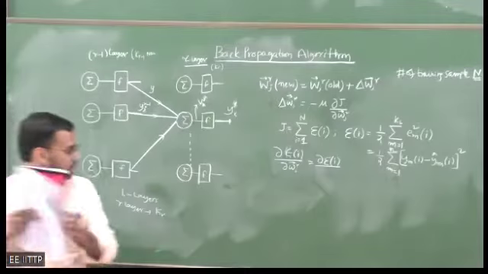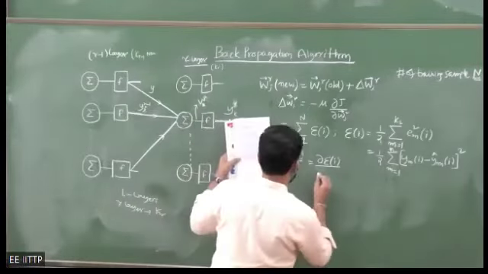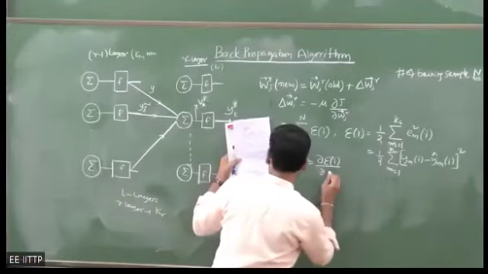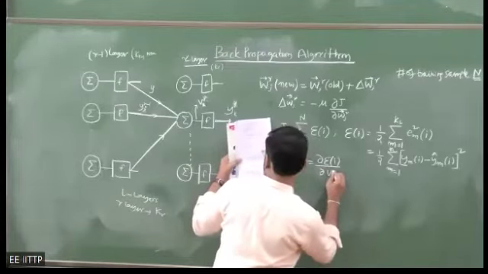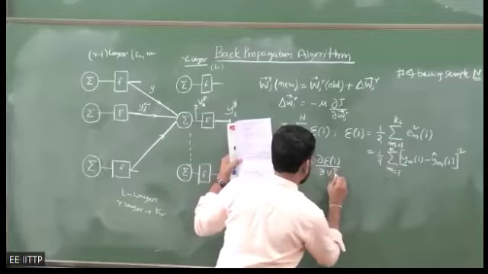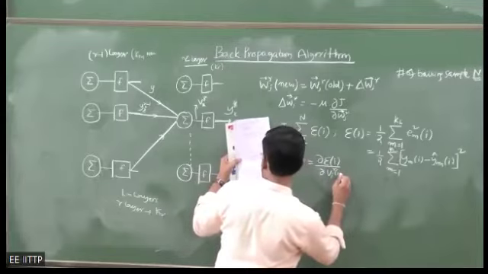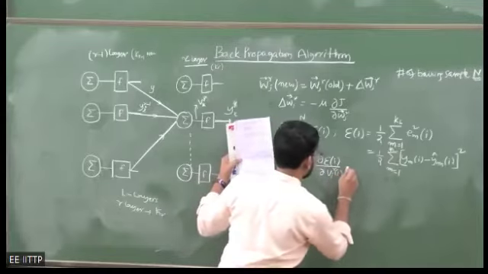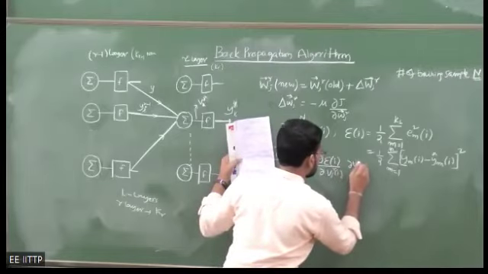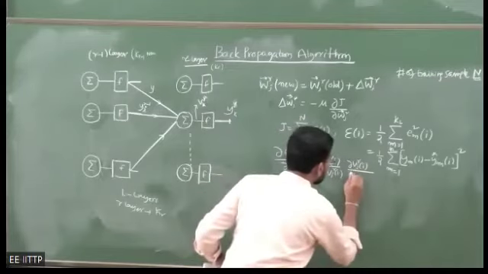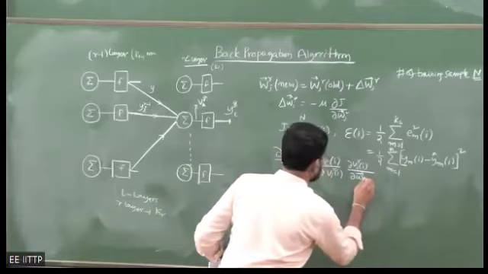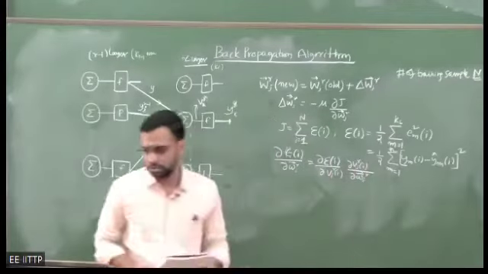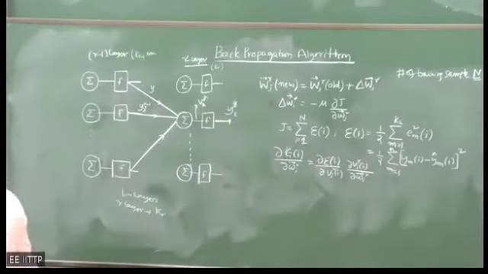Let me first write and then explain: ∂E(i)/∂v_j^R(i) times ∂v_j^R(i)/∂w_jR bar. Hope it is now clear with that explanation.